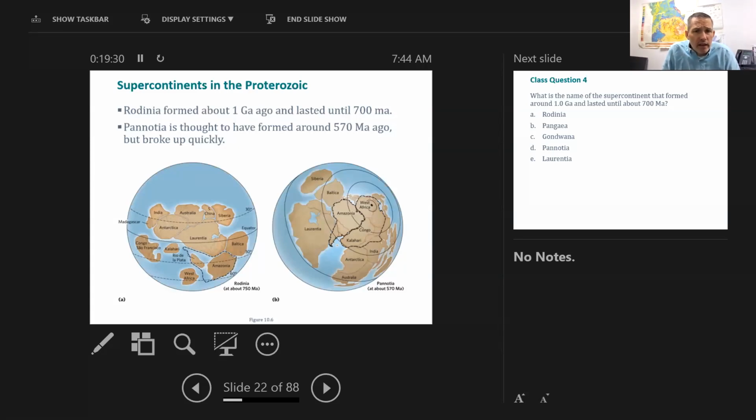So when we start looking at the first two supercontinents here, again, they are going to look very, very different than modern continents. We start looking at Rodinia because the shapes of these continents are going to be reworked again. And so the first supercontinent is Rodinia, from 1 billion years to 700 million years old.